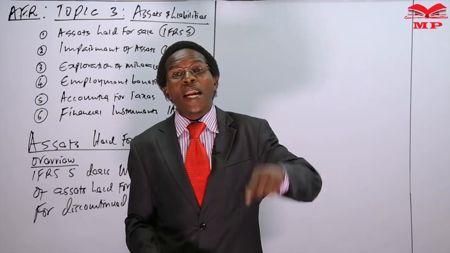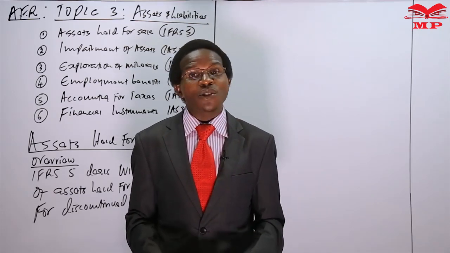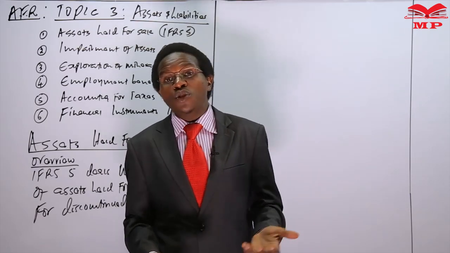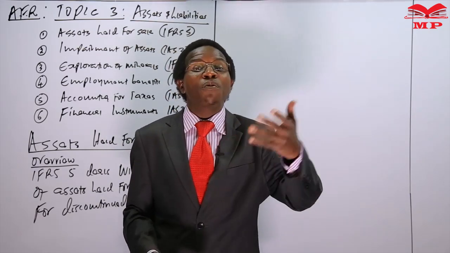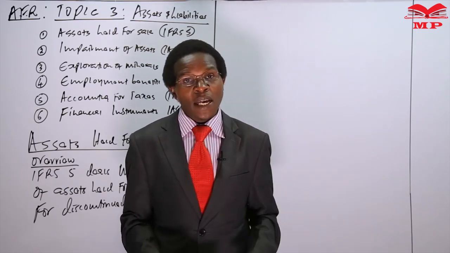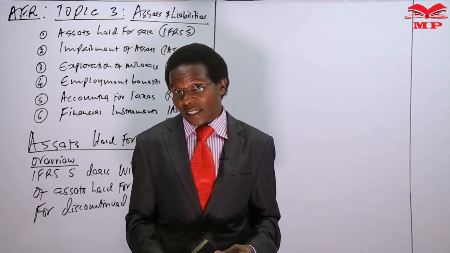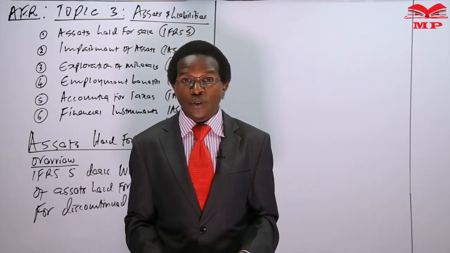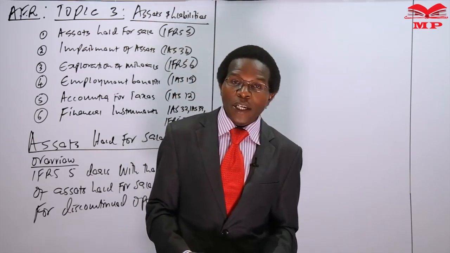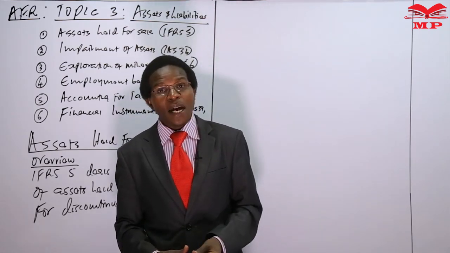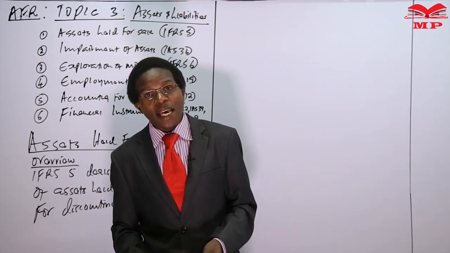So it will be reported as a current asset, labeled as land and building held for sale. If it's equipment, it will be equipment held for sale, and it will be reported as a current asset. Now, those are just a preview of what we should do. We need to introduce further the details of assets held for sale.